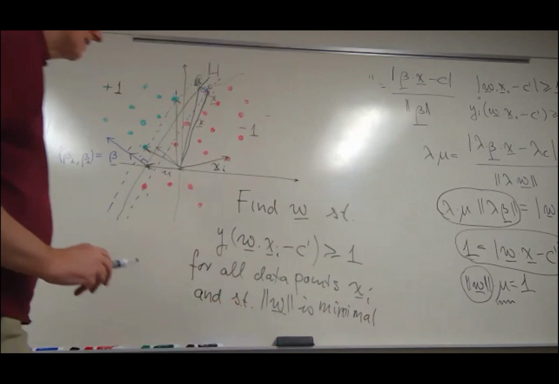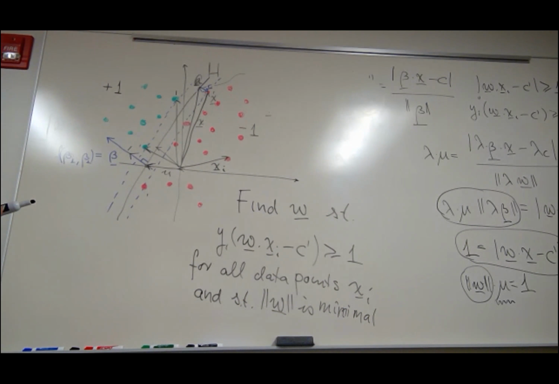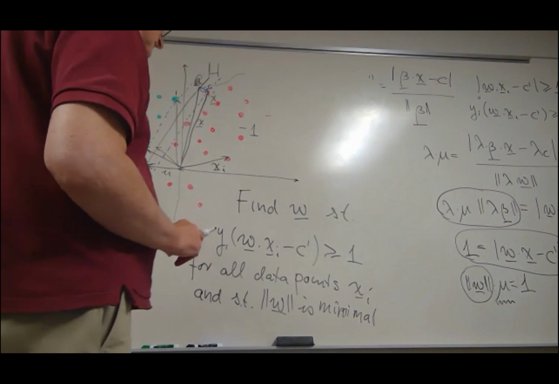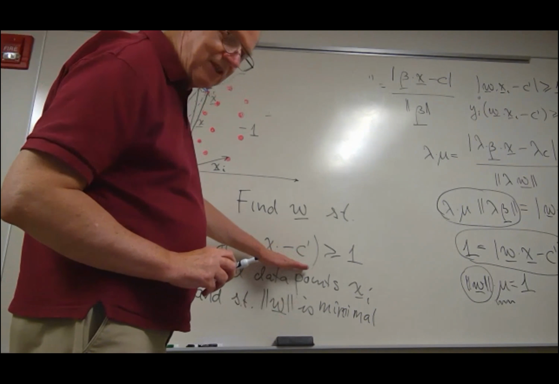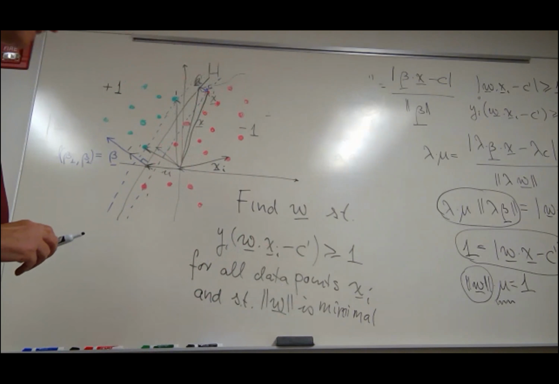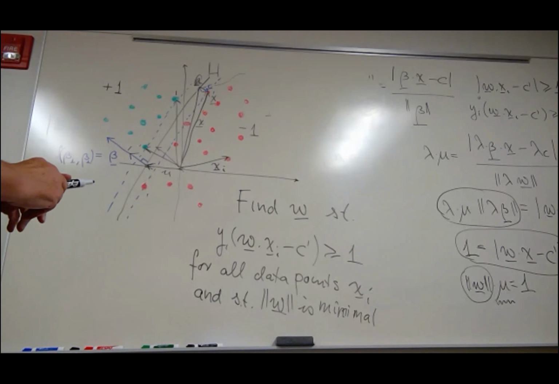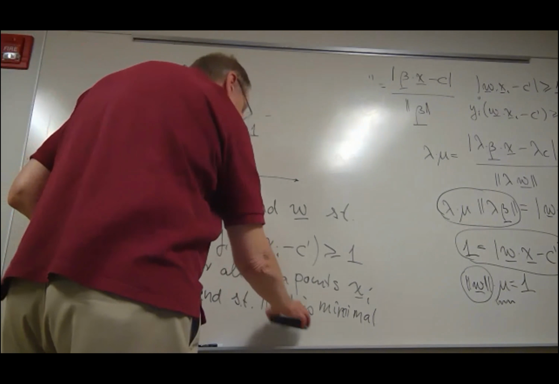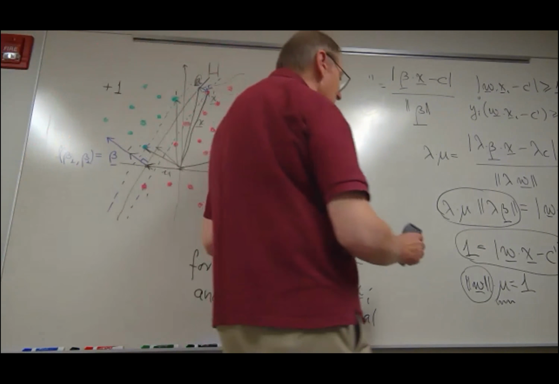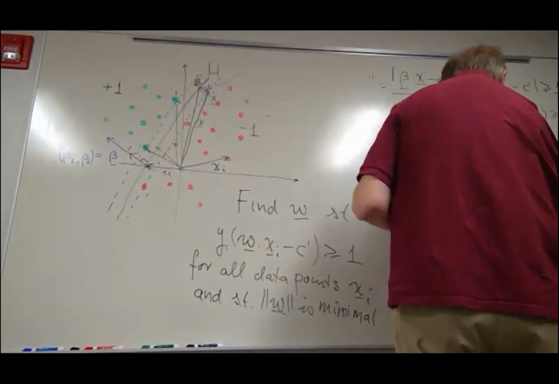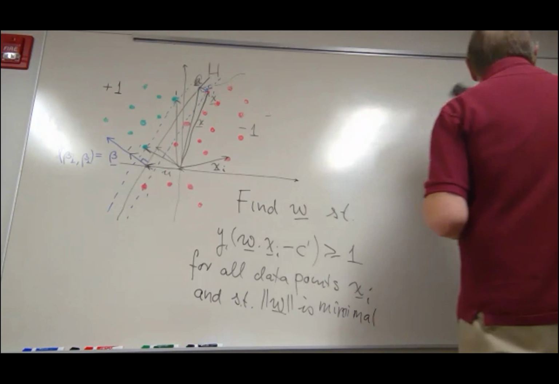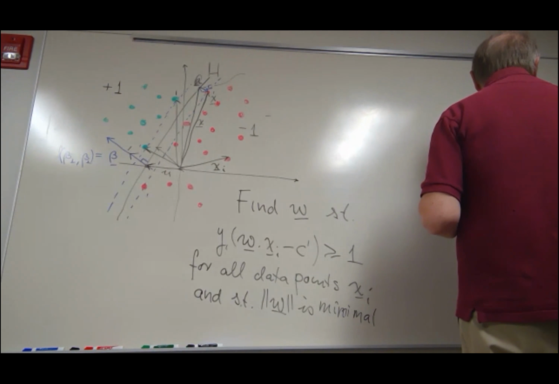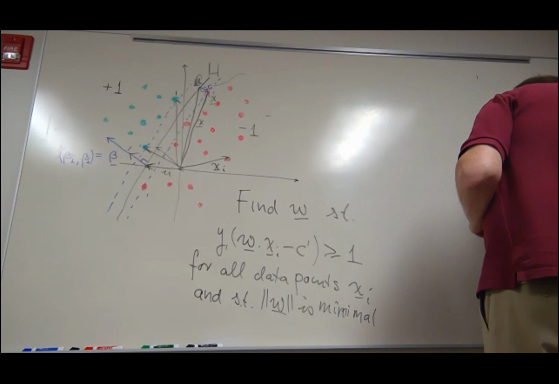So this is a convex optimization problem. It's finding the minimum value of w subject to these constraints here. There are ways to solve this, which we won't go into, but one can formulate this in terms of what's called the dual problem.